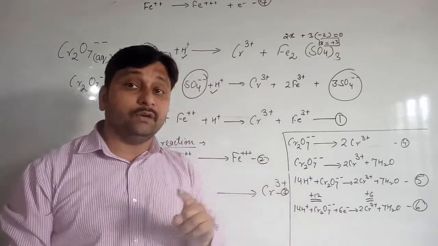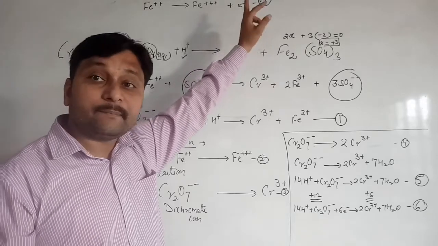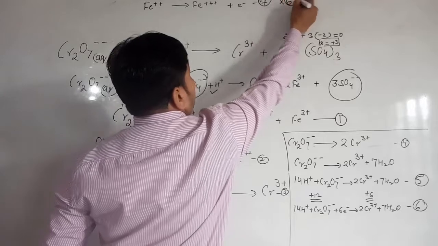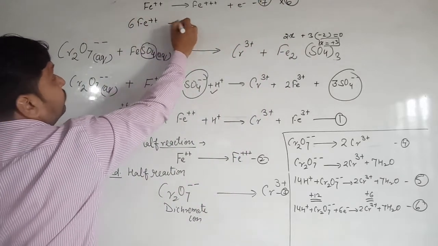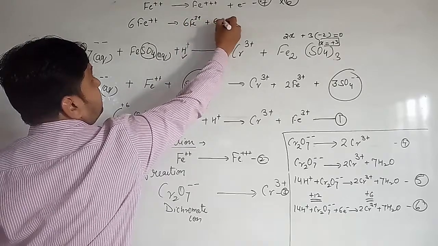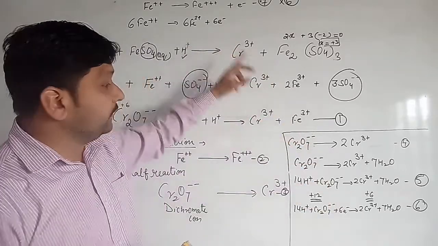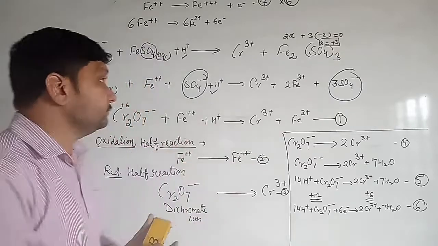It means first of all we multiply equation number 7 by 6: 6Fe2+ → 6Fe3+ + 6 electrons. So now the number of electrons is the same in both equations and we can easily add them.